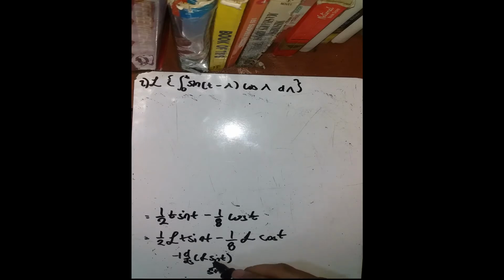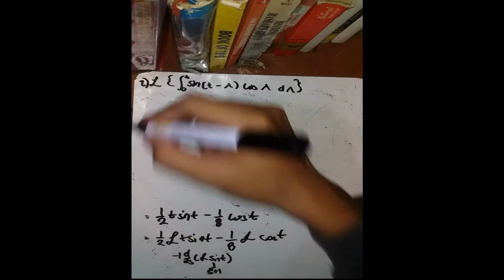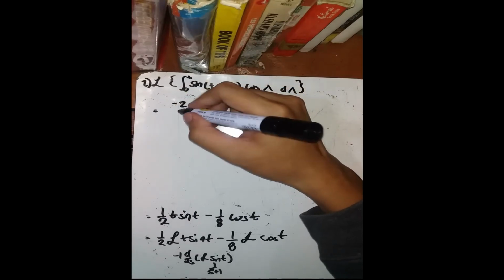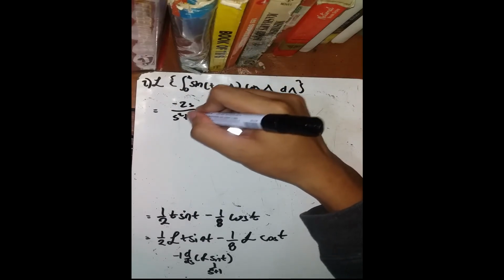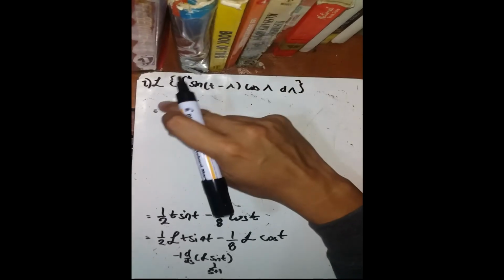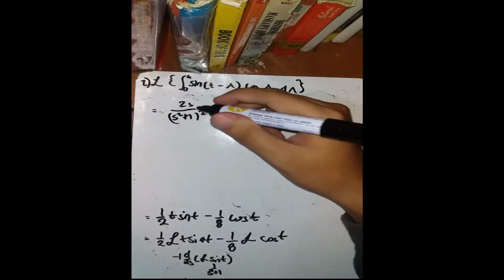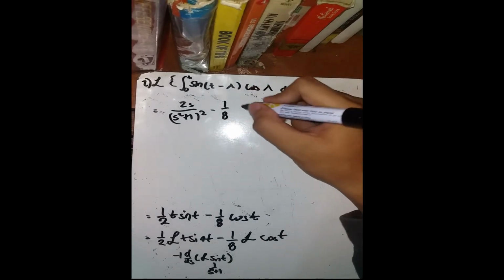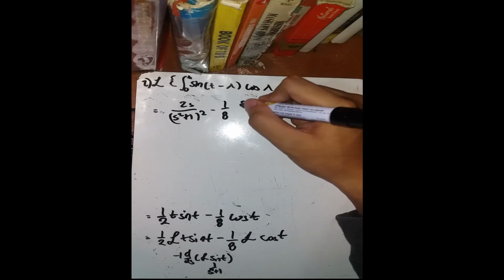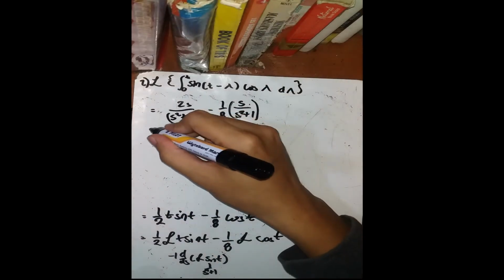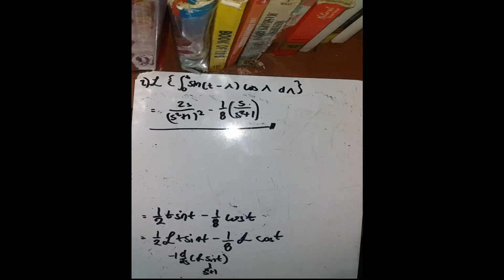So the derivative of 1 over s squared plus 1 is equal to negative 2s all over (s squared plus 1) raised to 2. Don't forget the negative here, but they cancel out, so this will be positive, minus 1/8 Laplace of cos t, which is just equal to s all over s squared plus 1. So this is my final answer for my number 2.